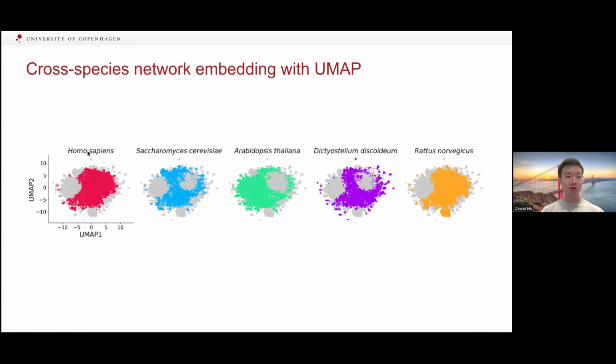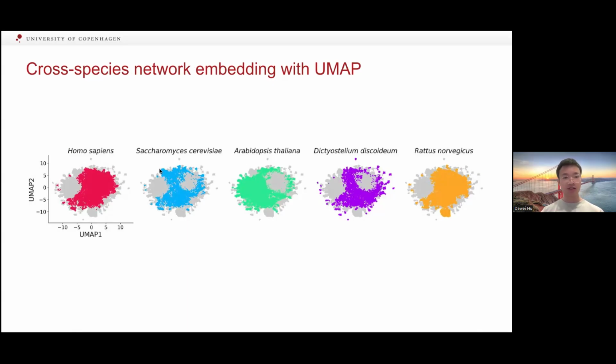Let's first look at human and rat, because we know they are very close in the phylogenetic tree. So they definitely share a lot of similarities in the UMAP visualization. If we compare yeast and slime mold, yeast is fungi and slime mold is not, but still they share a lot of similarities.